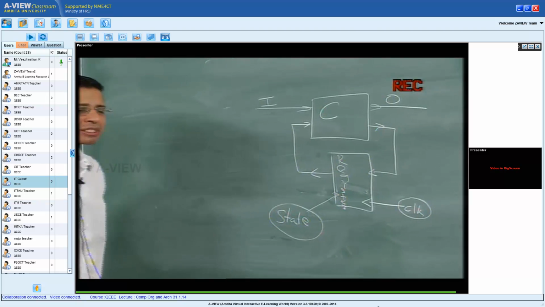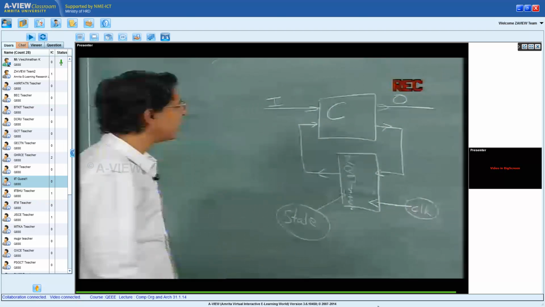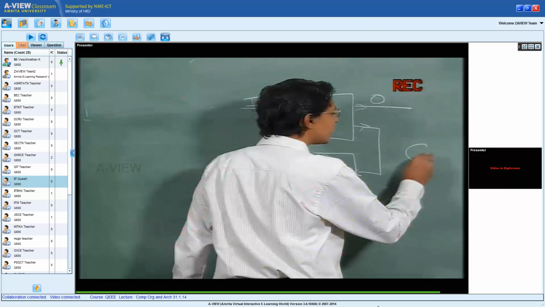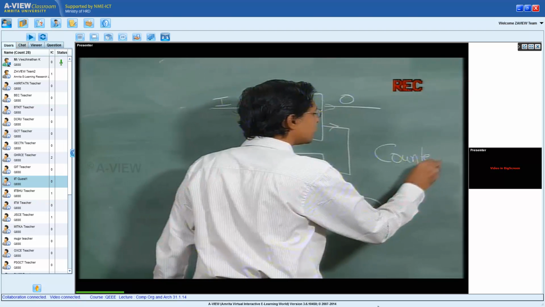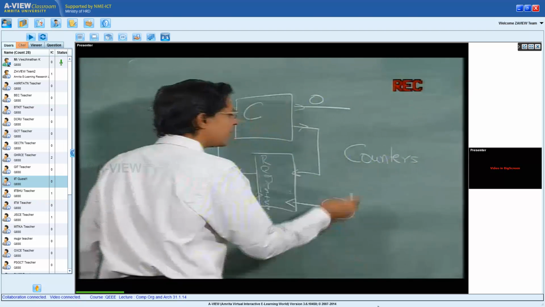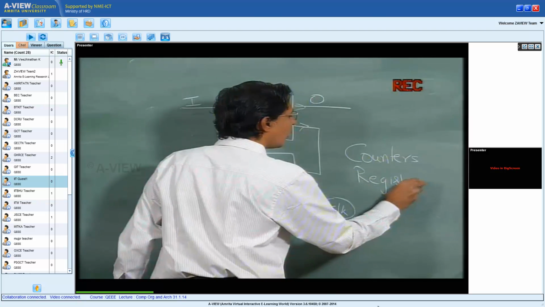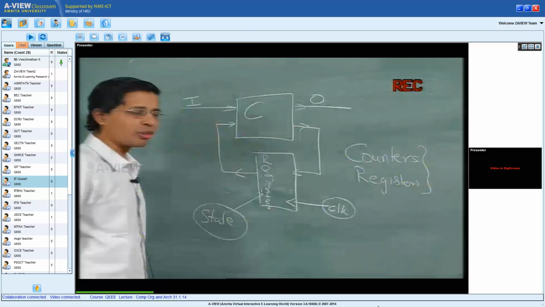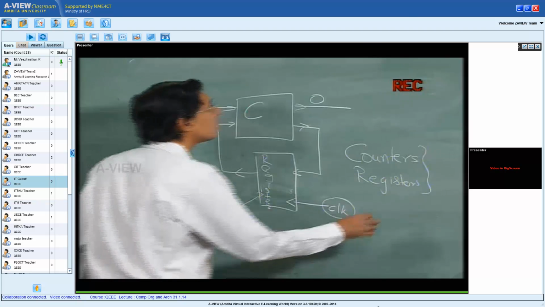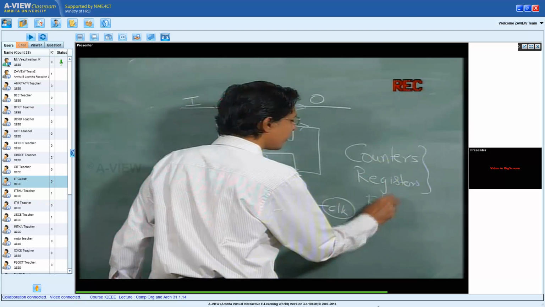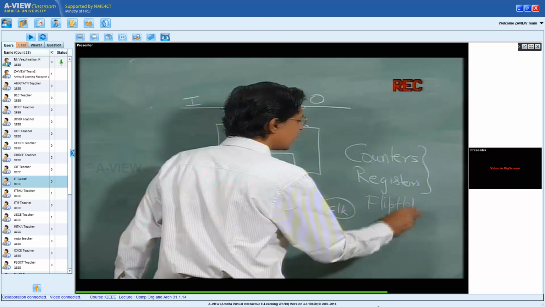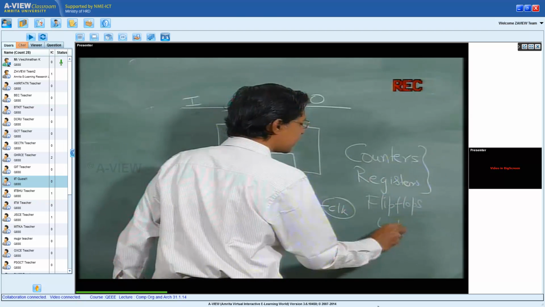Some simple sequential circuits that we see are the counters and registers. Basic building blocks for these counters and registers are the flip-flops or latches.